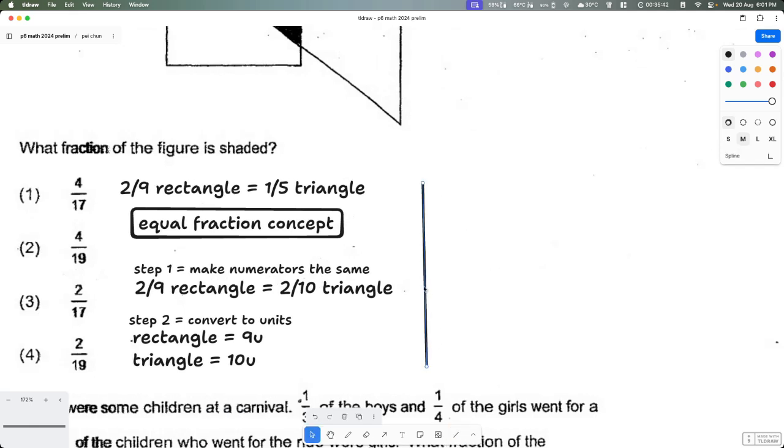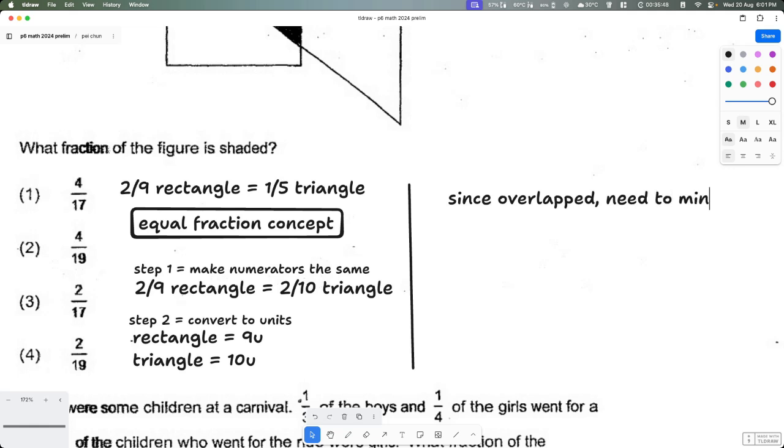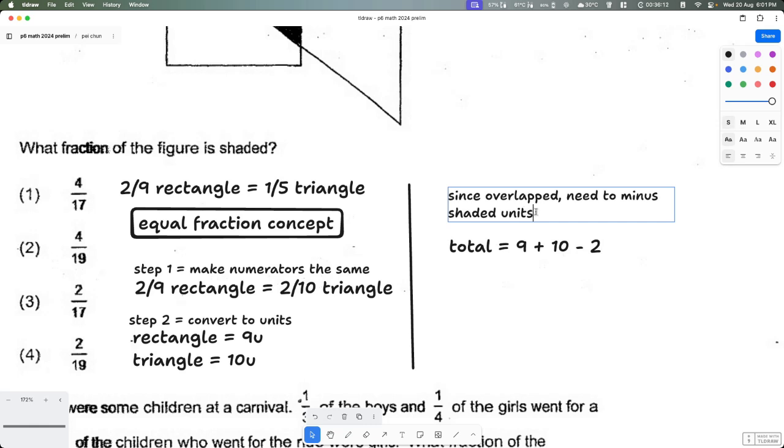Since they overlap, we need to minus the shaded units from the total. So the total is 9 plus 10 minus 2, which is 17 units.